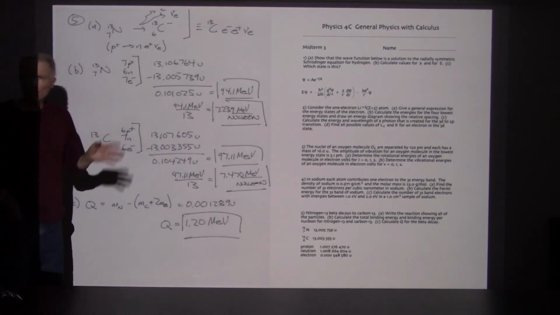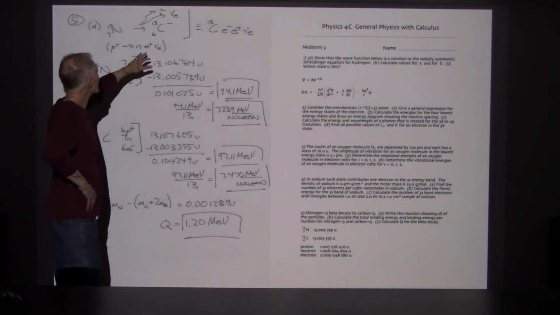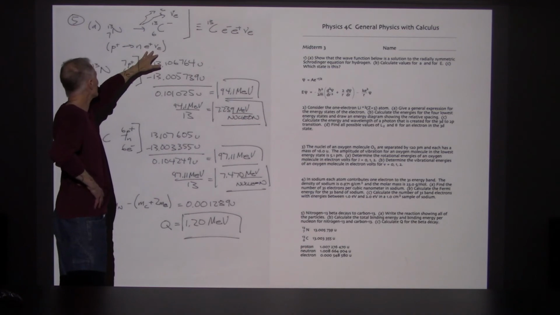Okay, so I hope that looks familiar from class. That when we do beta plus decay, which is what this is, we're going to end up with 2 extra electrons and a neutrino. One of those electrons is still associated with the atom. One of them was generated in this fairly high energy reaction.